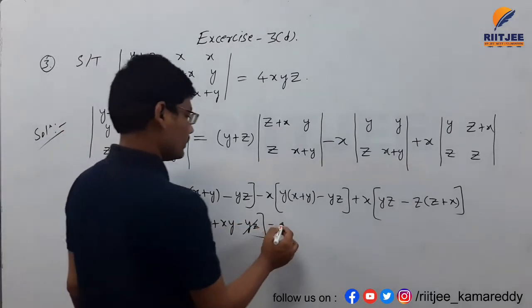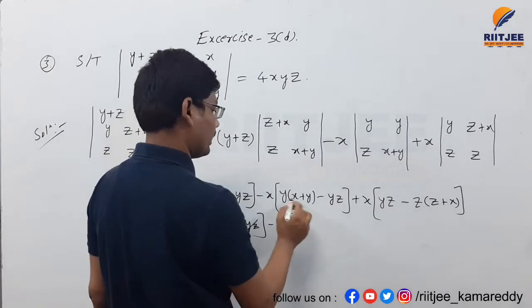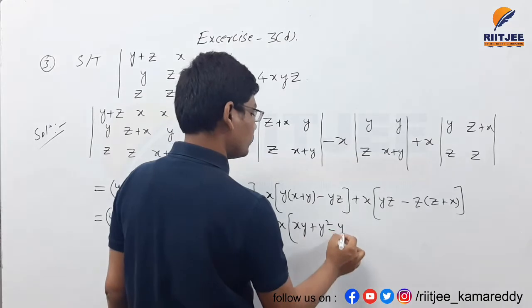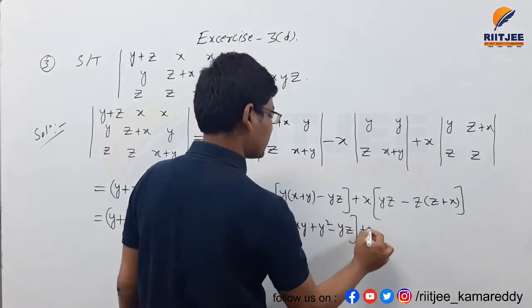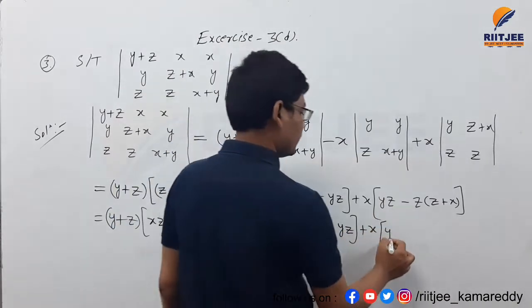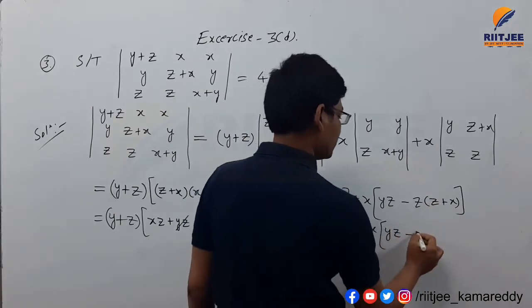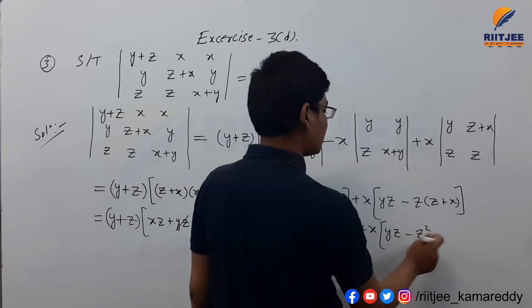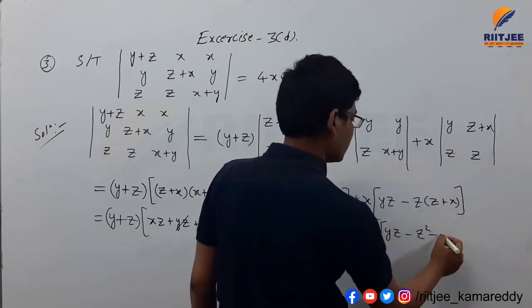Minus x into y into x, xy, plus y into y square, minus yz, and plus x into yz minus z into z square, minus of plus into minus becomes minus, minus x into z.